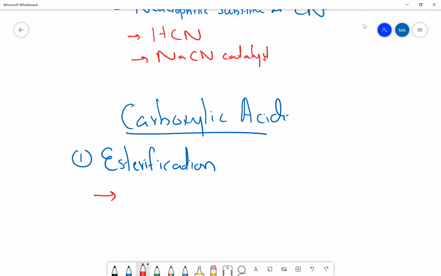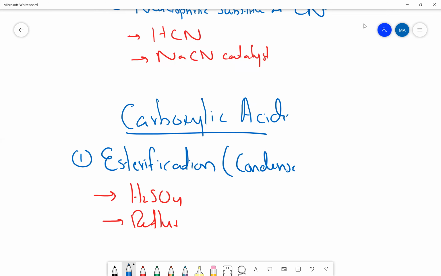It's also known as the condensation reaction. So you need H2SO4 sulfuric acid and reflux for this esterification condensation reaction. And the backward reaction is hydrolysis. Simple. I think we're done.